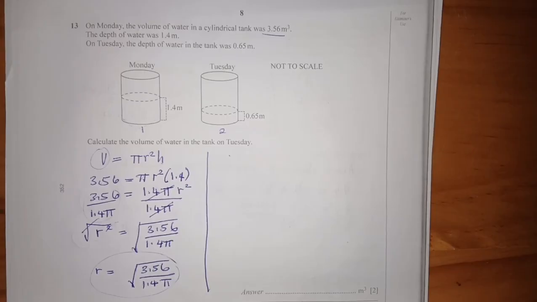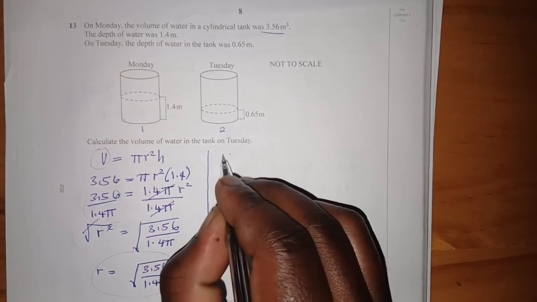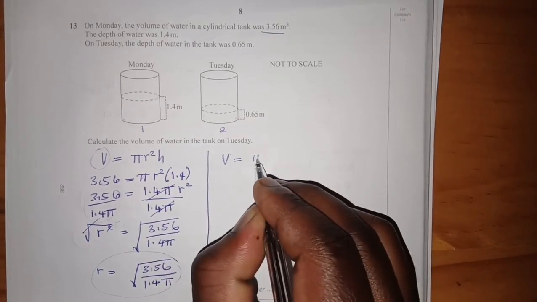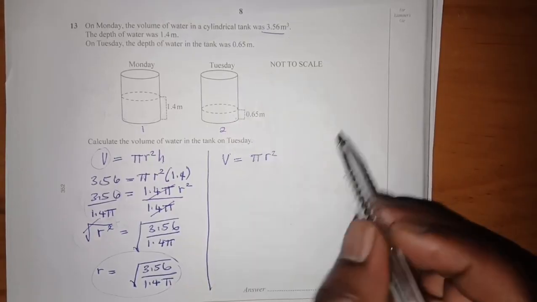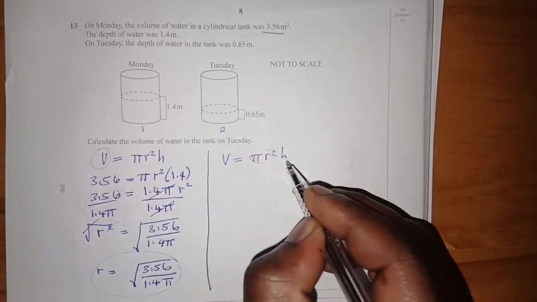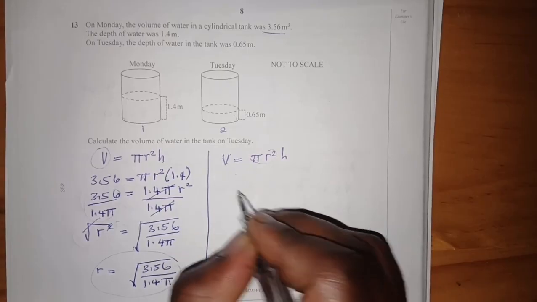And the volume of a prism is the cross-sectional area times the height. So for a cylinder, the cross-section is just a circle. To calculate the area of a circle, that's pi r squared, times the height h. Cross-sectional area times height. That's the volume of a prism. In this case, it's a cylinder.